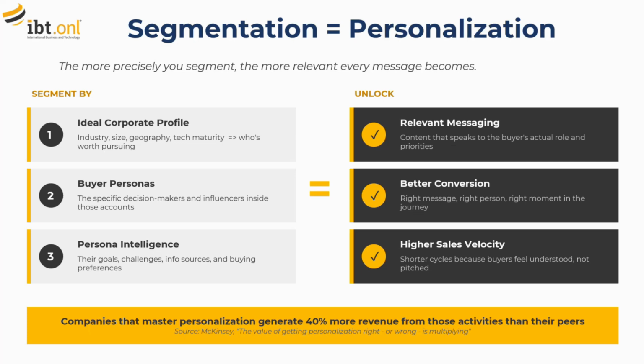So obviously scaling your personalization comes with a little bit of work in understanding, Susanna, what you were explaining about your ICP, what is the corporate profile, but also who's the buyer persona, and then what are their goals, challenges, where do they get their information from, what are the buying preferences, are they more likely to receive a phone call and engage with you, or would they prefer to see your content on social media when they're ready, and then they'll come and do their own research.